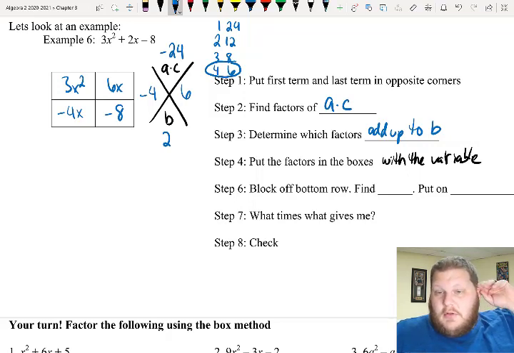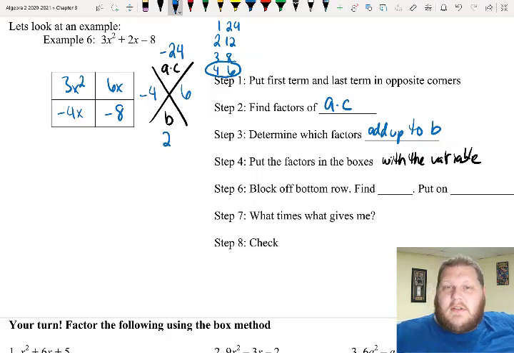From here, you're just working backwards to figure out your left side and your top side. To make this easier, I always start by picking one of my rows or columns to find a GCF and put that on the outside of the box.